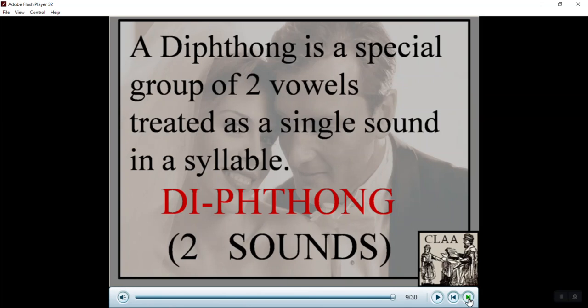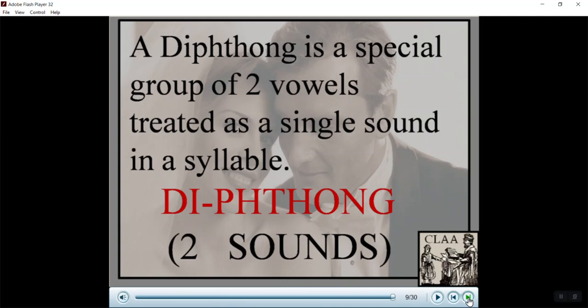You can think of a diphthong like a husband and wife. A husband and wife are two separate persons, but when they're married, they become as one person, and they cannot be divided. A diphthong is a group of two sounds that are treated as a single sound and not divided.